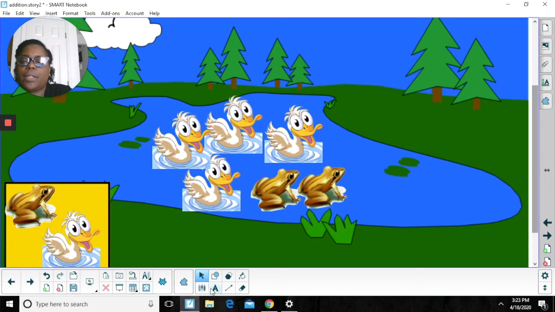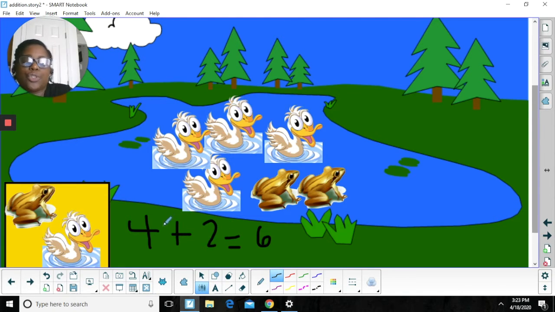So we have 4 ducks, right? So let's write that addition sentence. We have 4 ducks plus 2 frogs equals 6. 4 plus 2 equals 6. And remember that plus sign means what? To put groups of items together.